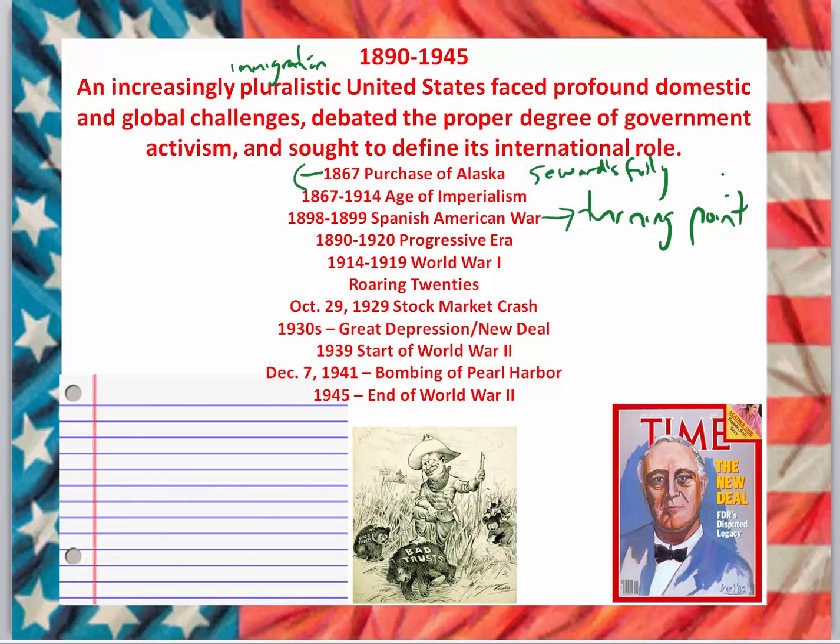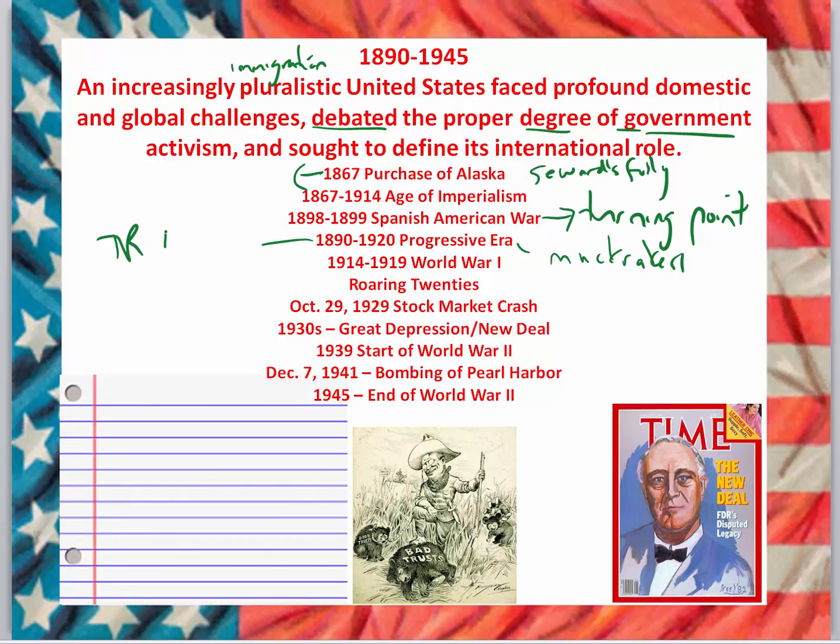Now, while the age of imperialism is taking place, you're going to see this debate over the role of government. And the debate is, how much government should we need to solve the problems in society? So the progressives, inspired by muckrakers who are writing about the problems, are going to usher in this progressive era. And the president that's known with the progressive era, well, I'll give you all three.